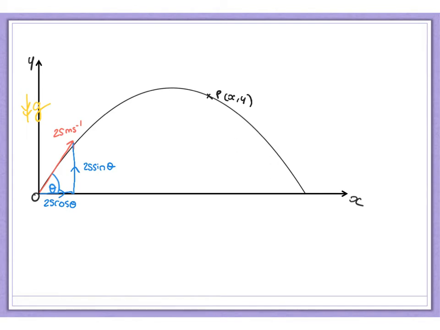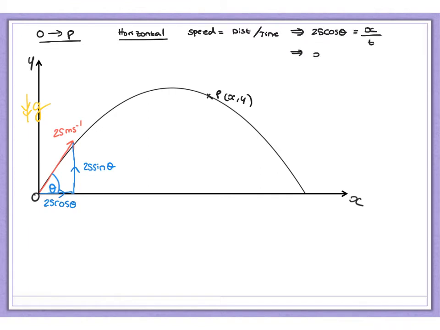We're going to analyse the motion that takes us from O to P, looking at the horizontal motion and then the vertical motion. So horizontally, we know that we're going to use speed equals distance travelled over time taken. Now the speed is 25 cos theta, the distance travelled is x, and the time is t.